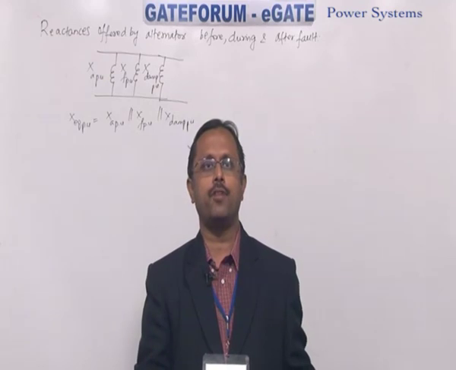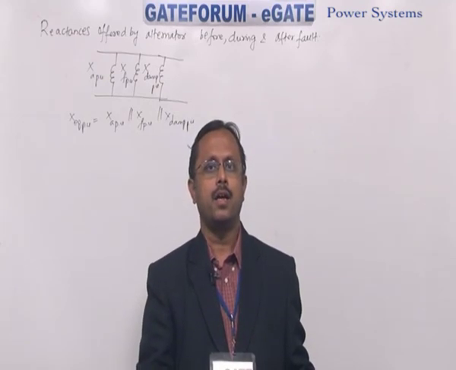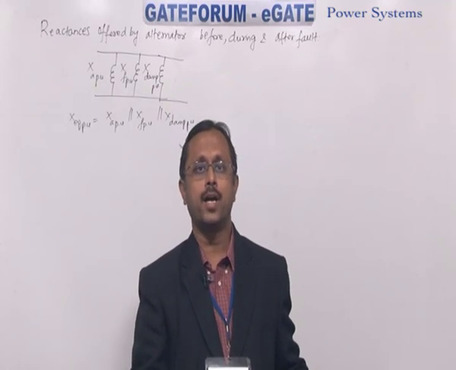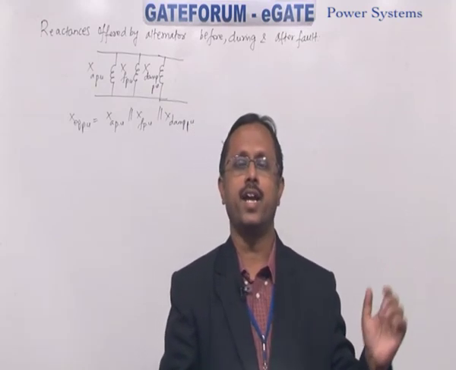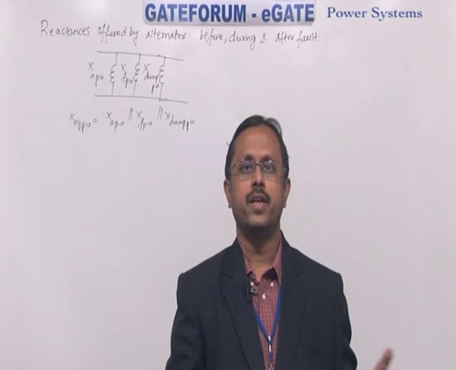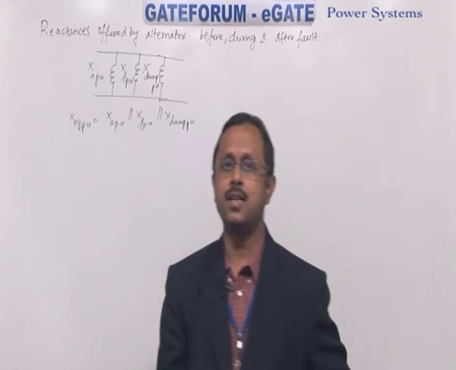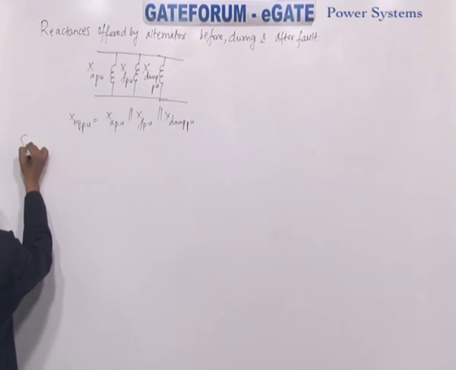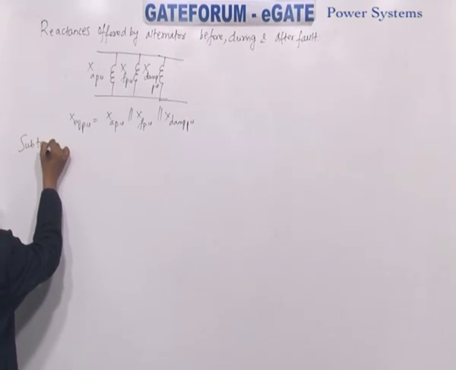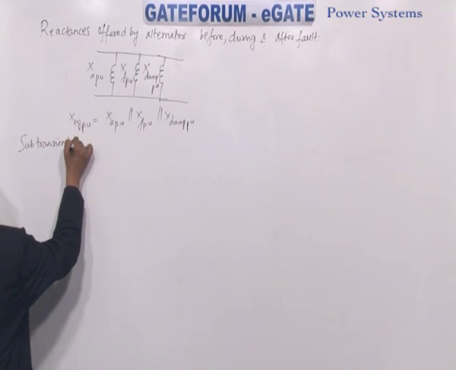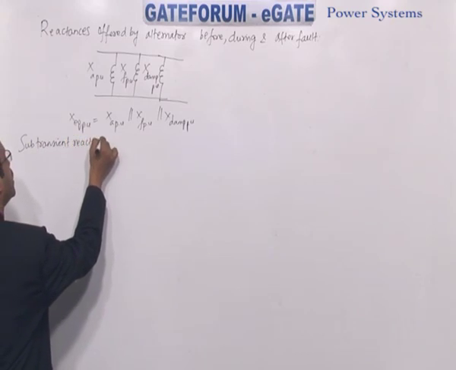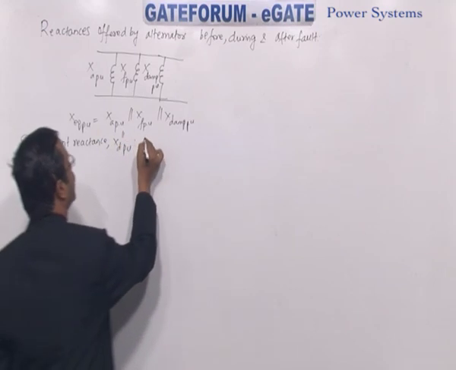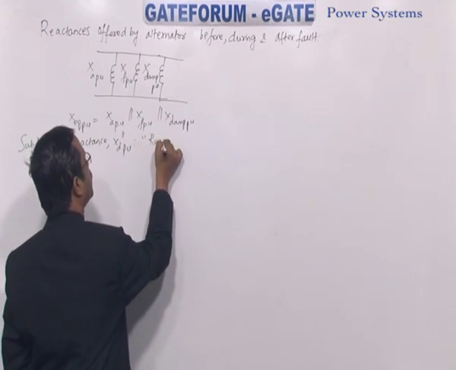That reactance offered by the alternator immediately after occurrence of fault is known as subtransient reactance. So first we write about that. Subtransient reactance. How to denote? XD double dash. How do you define it?